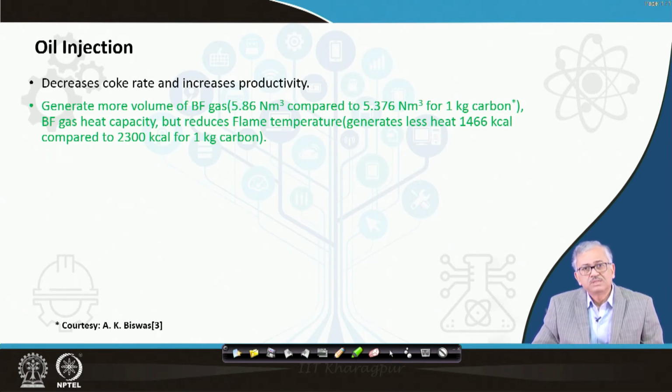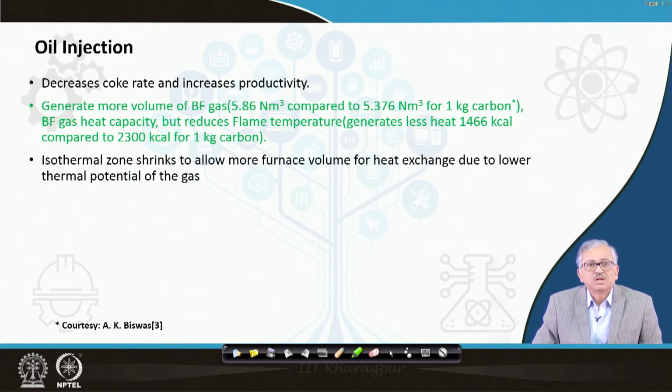If the flame temperature is less, then the heat exchange potential of the gas also becomes less, because the temperature gradient is less. But it increases the heat capacity of the gas, more volume of the gas. So, heat content becomes more, but its potential becomes less.